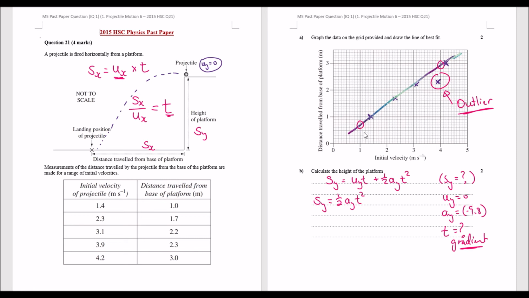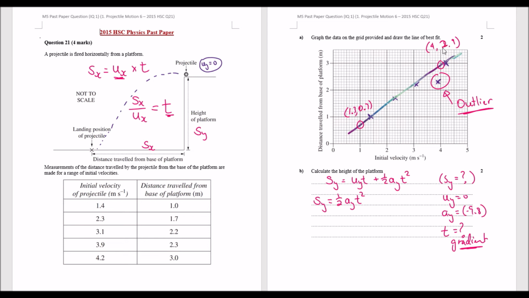So let's have a look at what these points are. The first point we have here, 1, 2, 3, that's 1.3. And on my y-axis, that is 9, 8, 7, so 0.7. And on this point here, we have 4. And at this point here, that looks like a 3.9.